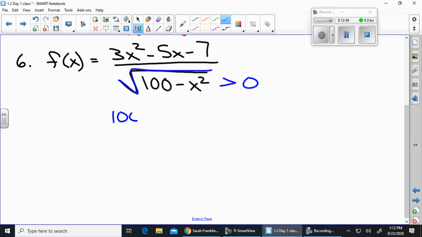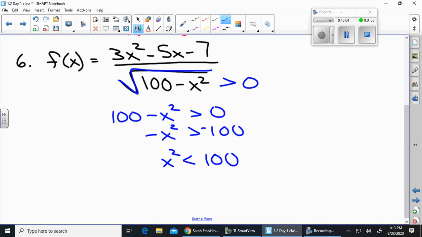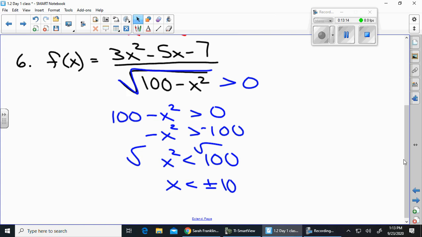So solve that. 100 minus x squared is greater than 0. Well, if you subtract 100, you got that. If you divide by negative 1, that sign switches, and you got 100. Square root, and you have less than or equal to plus or minus 10. Now, how does this change?